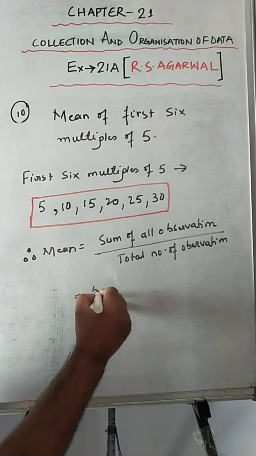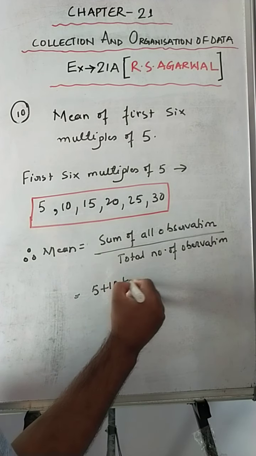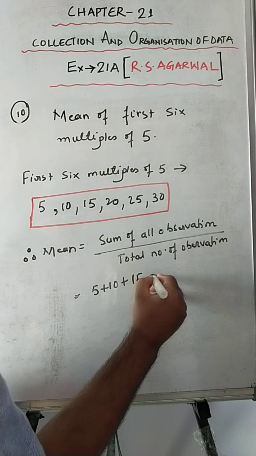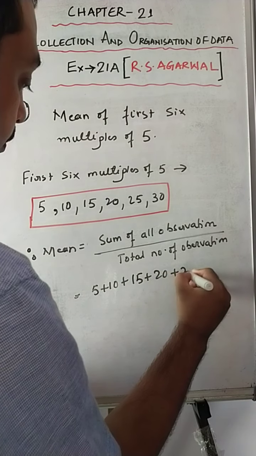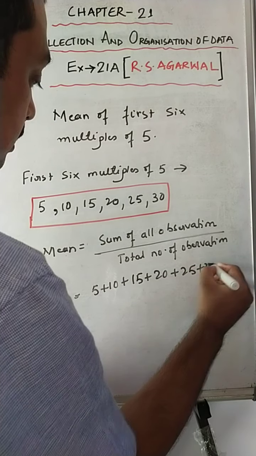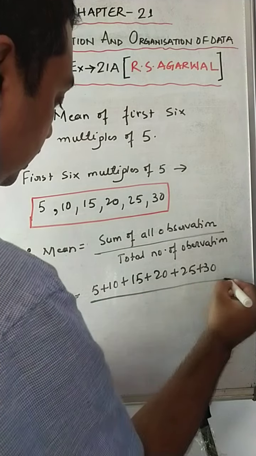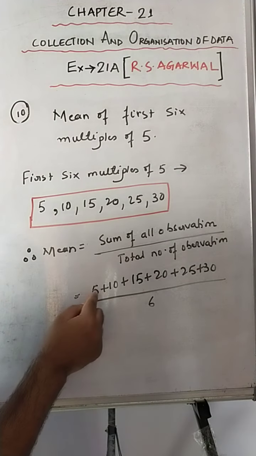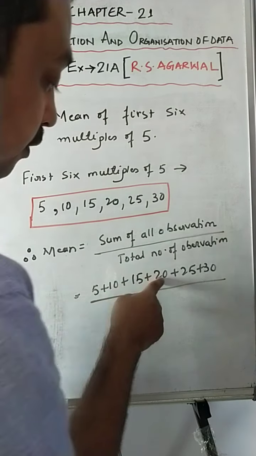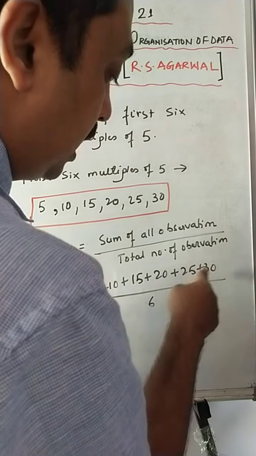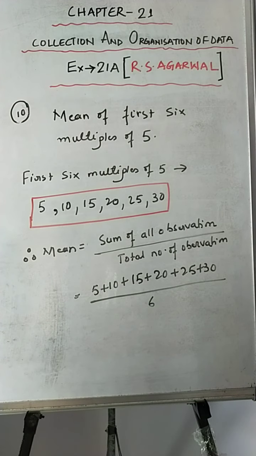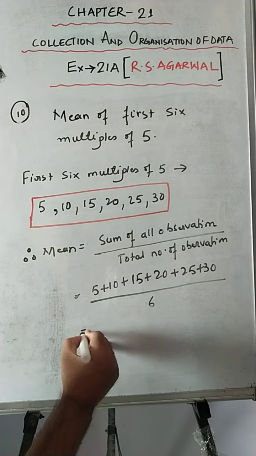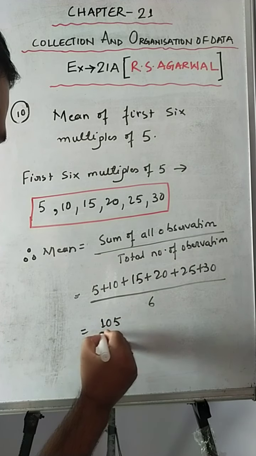So that will be 5 plus 10 plus 15 plus 20 plus 25 plus 30 by 6. Now if you add all these numbers, that is 15, 30, 50, 75 and 30. 75 plus 30 is 105. So it will be 105 by 6.